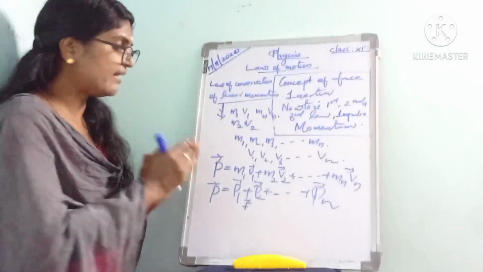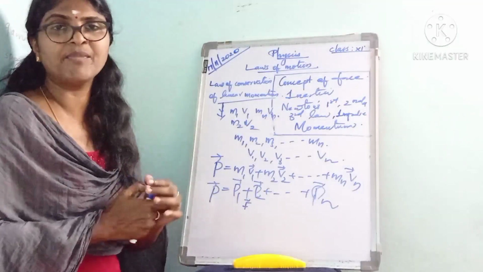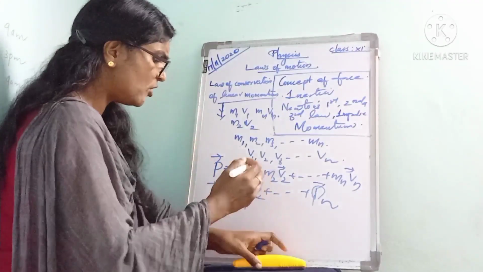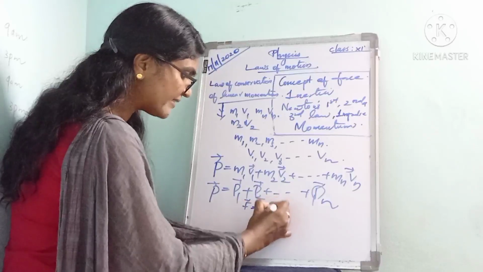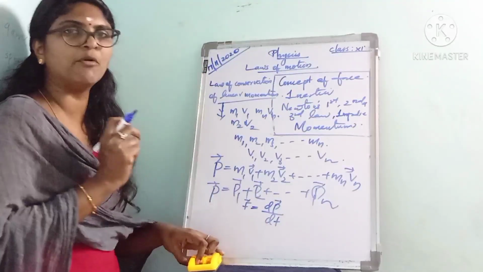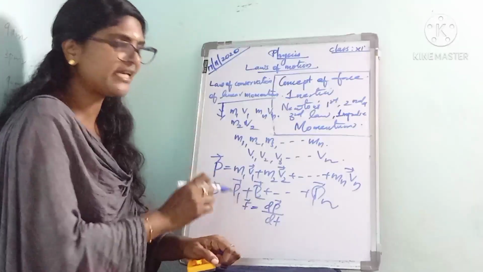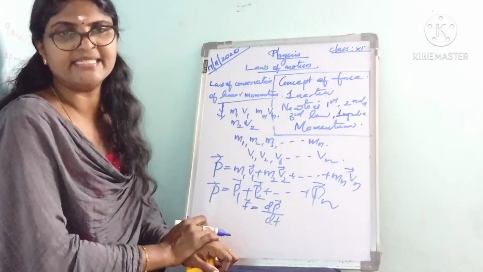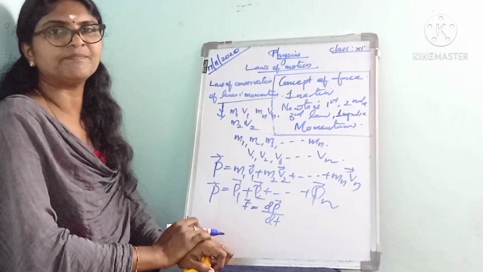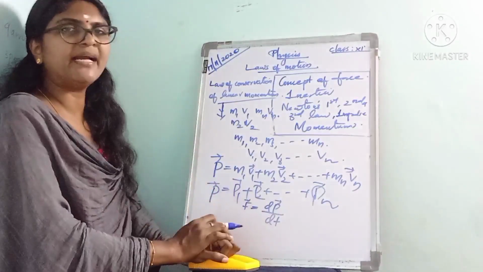Here we are assuming that if F is the external force acting on the system, then by Newton's second law, this F can be written as dP by dt. The rate of change in momentum is represented by dP by dt, that is F is equal to dP by dt.